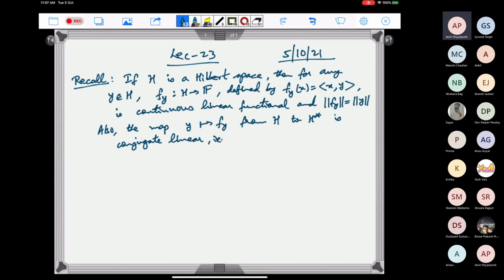So that is, f sub y1 plus y2 is equal to f sub y1 plus f sub y2, and f sub alpha times y is alpha bar times f sub y. So this is not a linear map, but this Riesz representation theorem also says that this map is onto.